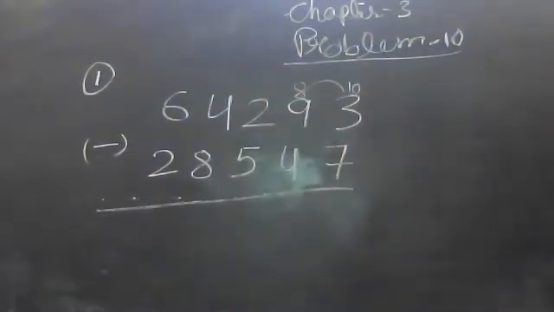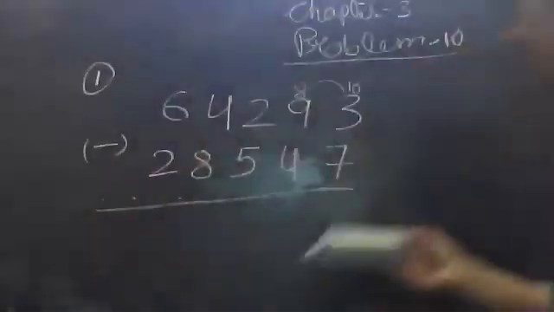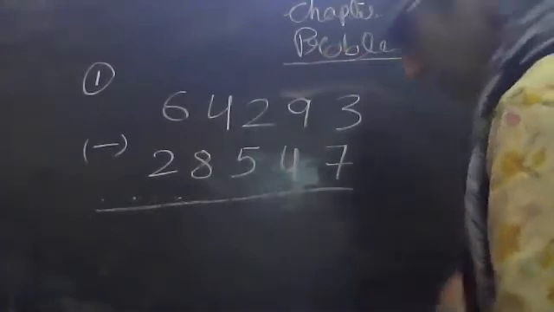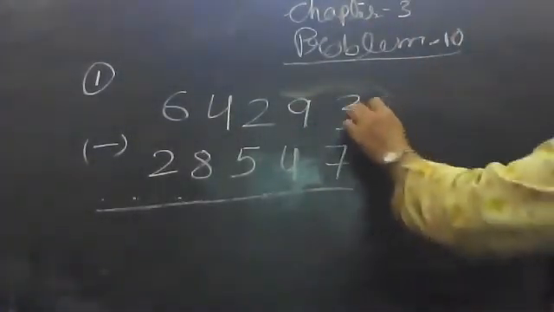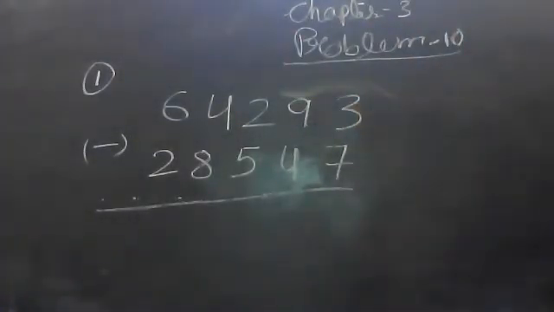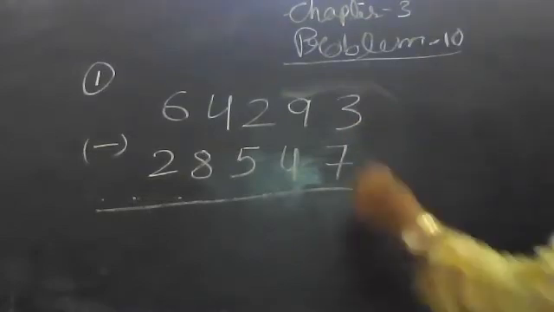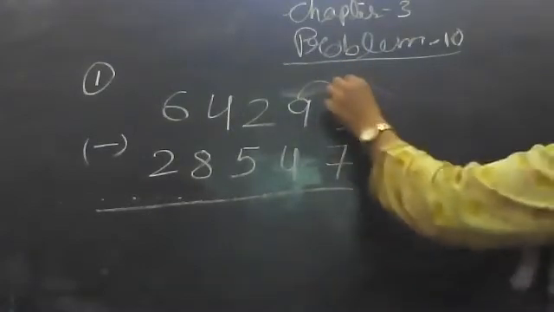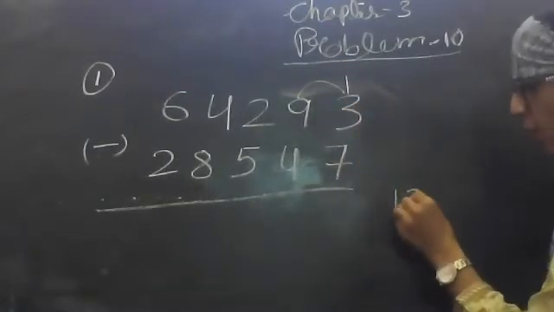Understood? Once again I will repeat. Now you see, when number 3 is small, you can't subtract the number 7 from 3. So you have to borrow one number. So 1 plus 1 and 3, how we will write?